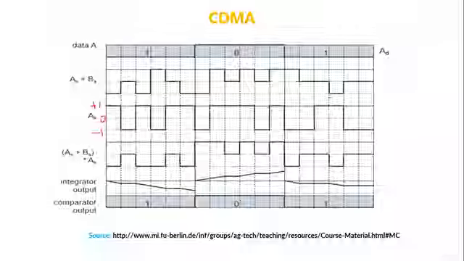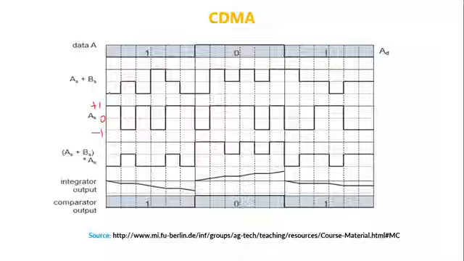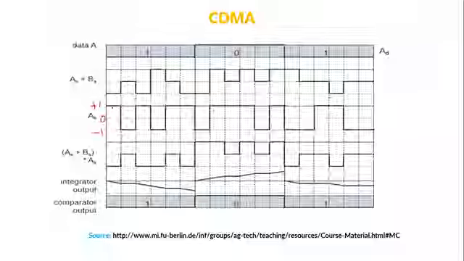Okay, so now let us see how it regenerates that particular signal. So here you can see this is +1, this is +1, and for AK, it is +1.